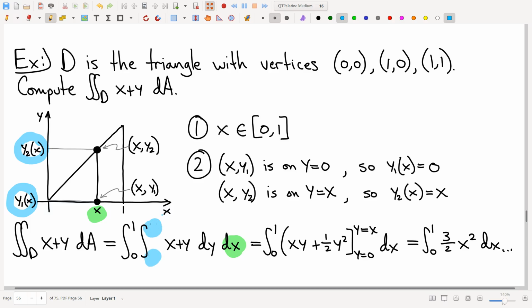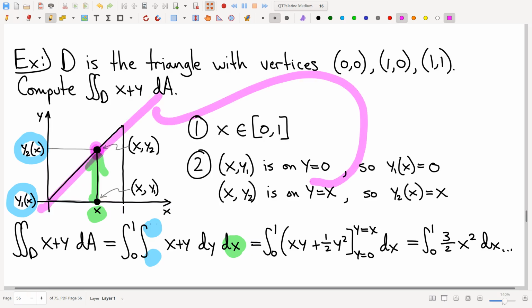Okay, well, let's start with the upper bound. No particular reason. That upper bound comes from this point. As I'm doing that particular x slice, that is my last point on that x slice. That point is on that curve, that curve has that equation.